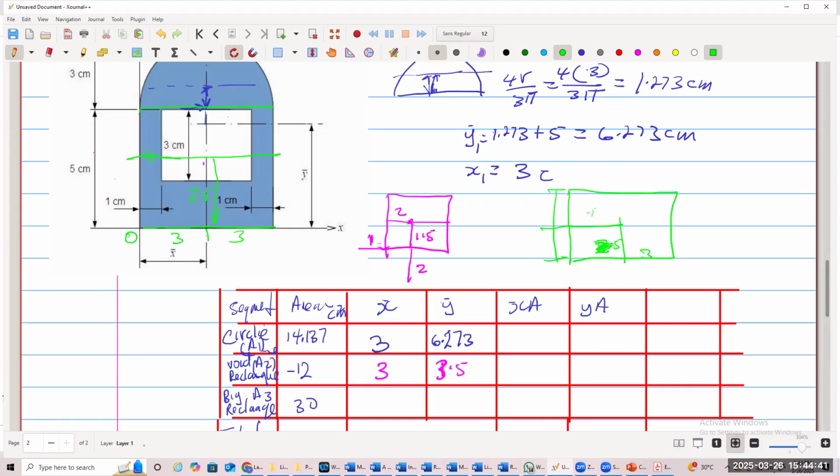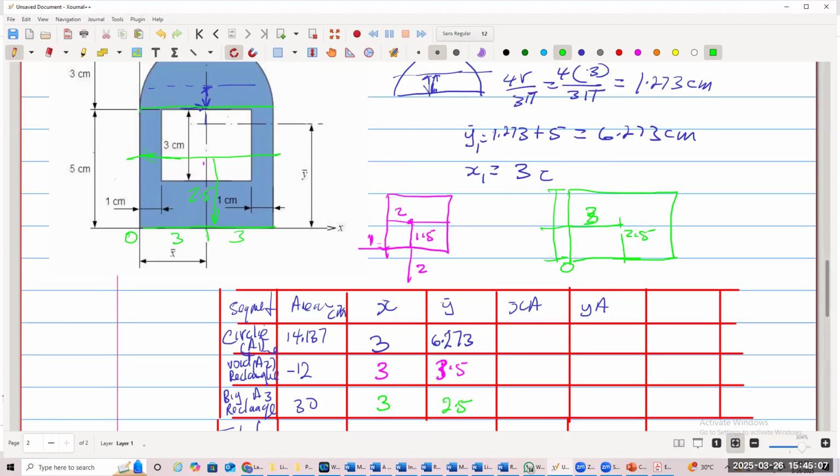Let me put it properly. No, this is 3 and this is 2.5. I just want to have a figure there that somebody can evaluate and look at and understand. All right, so that maps it back to 0. So therefore, our x is 3 and our y is 2.5.